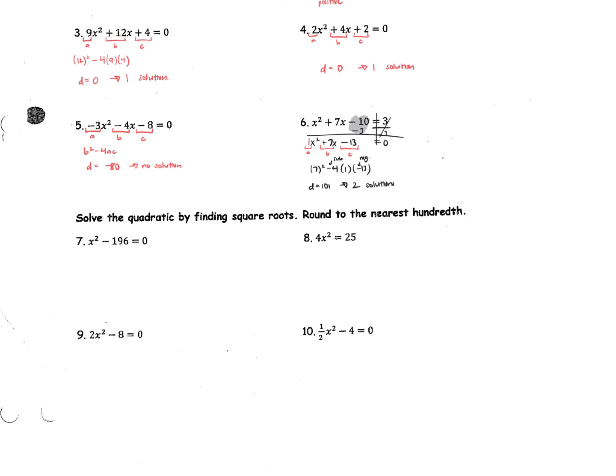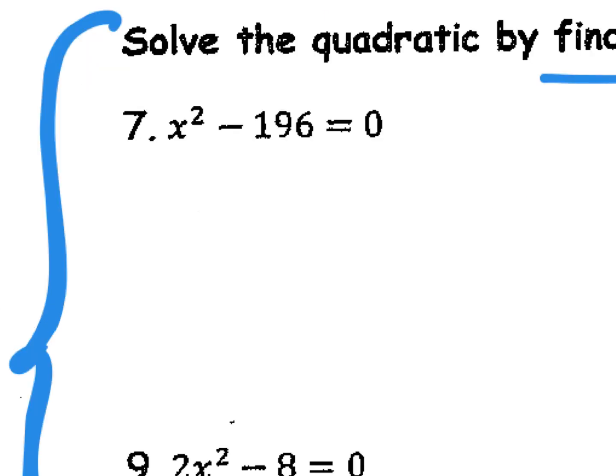Now these next 4 problems, we're going to be solving by finding the square root of each problem, and we're going to round to the nearest hundredths. That means 2 decimal places. So for these problems, we are going to isolate this x squared term, and then we're going to take the square root of it to find what x equals.